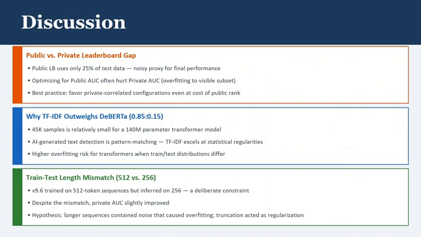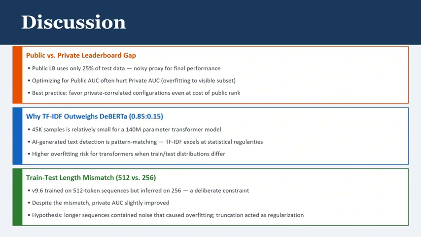3 key takeaways. First, the public-private gap. The public LB sees only 25% of data, so don't over-optimize for it. Second, DeBERTa got just 0.15 weight in our fusion, because traditional machine learning is more data efficient at this 45,000 sample scale.